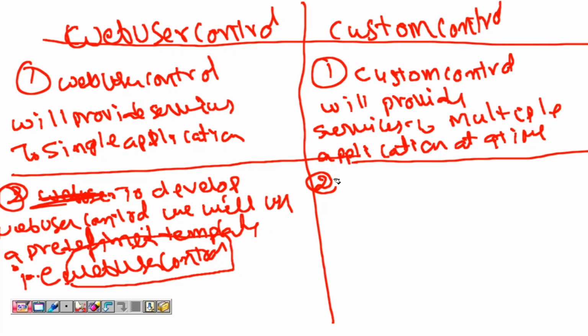Coming to custom control. Simultaneously, you have to write on paper whatever I am writing. Whatever I write on my pen board, you should write in your paper book, and whatever code I write in the system, you have to do in your Visual Studio.